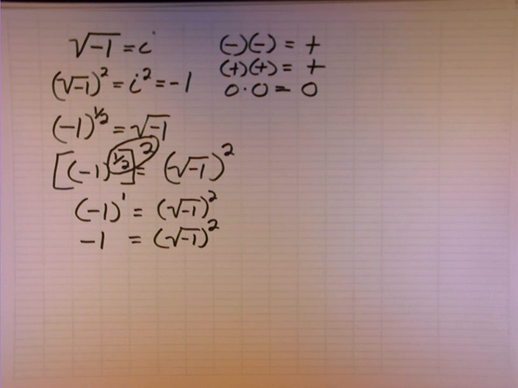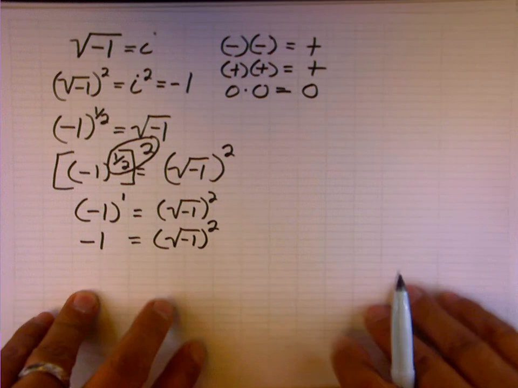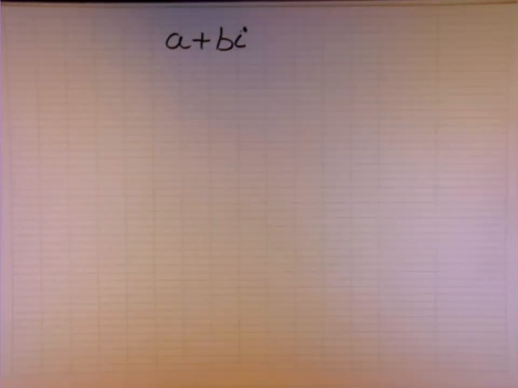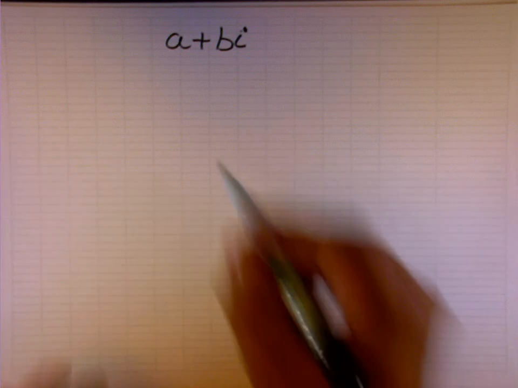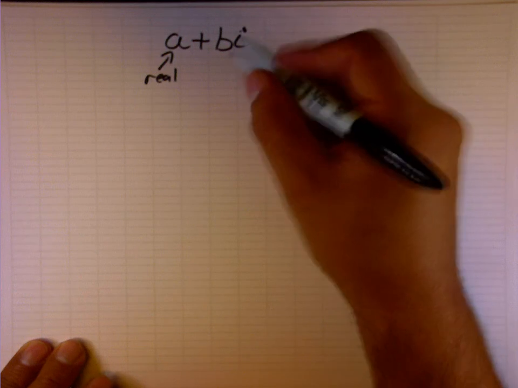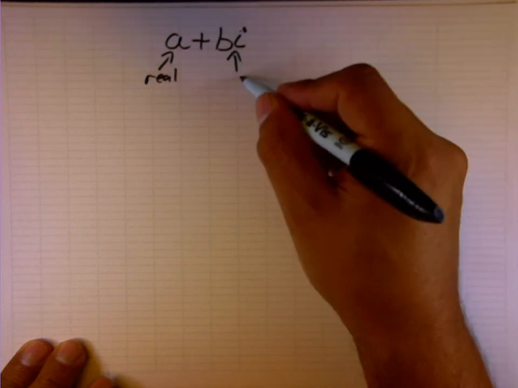So, there I have it. An imaginary number squared is a real number. So, we're going to talk about now a complex number. Any number that can be written with an imaginary component is called a complex number, where a is the real number, or the real component, and bi is the imaginary component.